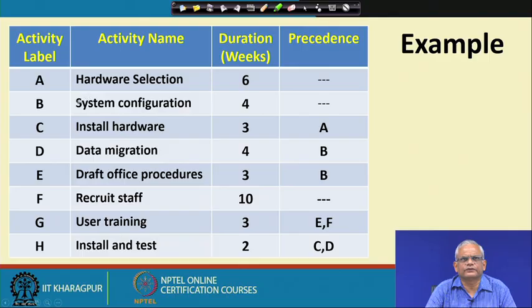A, B have no precedence and C has a precedence of A. If we draw this, A has no precedence, B has no precedence, we just draw it as it is.